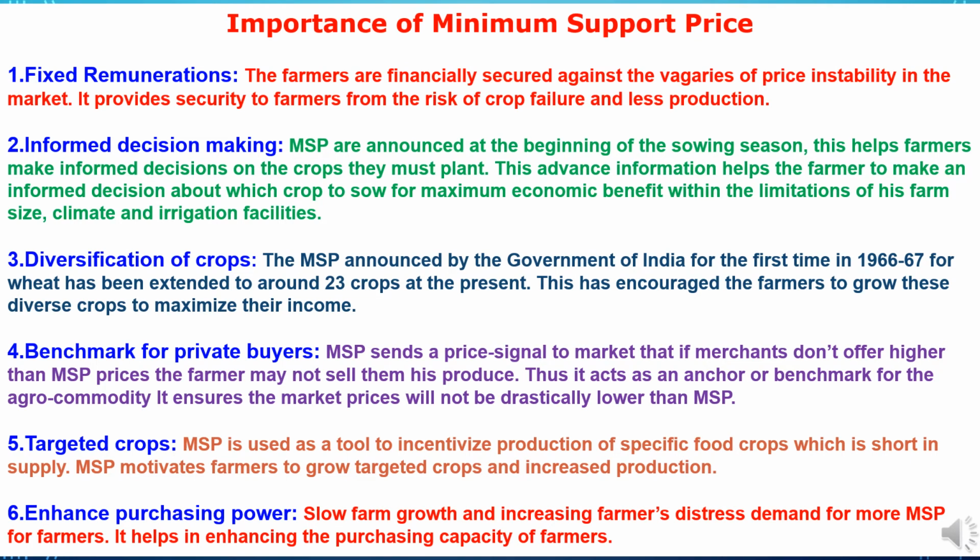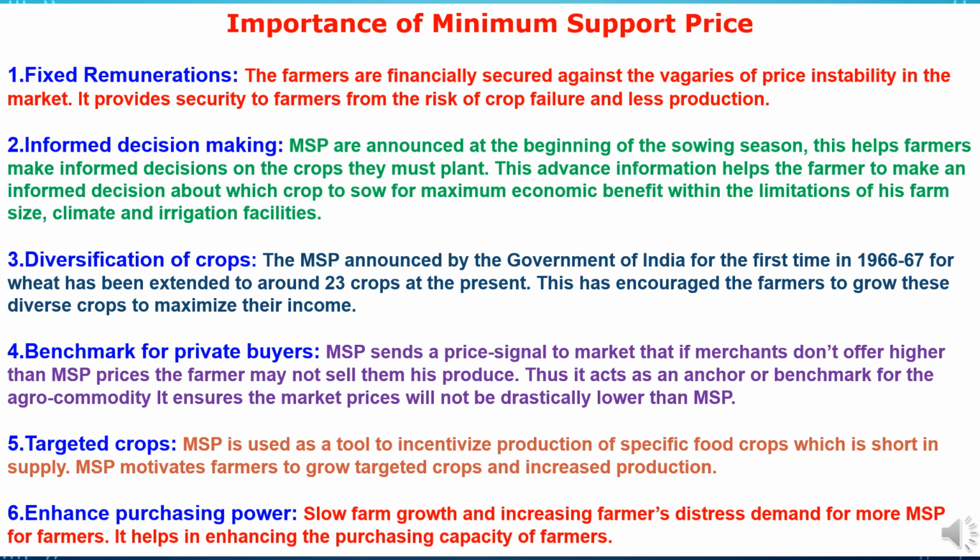Now, importance of minimum support price. First one is fixed remunerations. The farmers are financially secured against the vagaries of price instability in the market. Minimum support price provides security to farmers from the risk of crop failure and less production. Second is informed decision making.